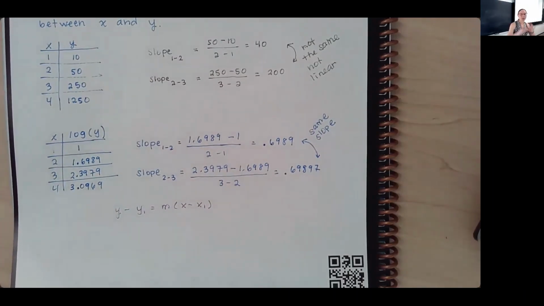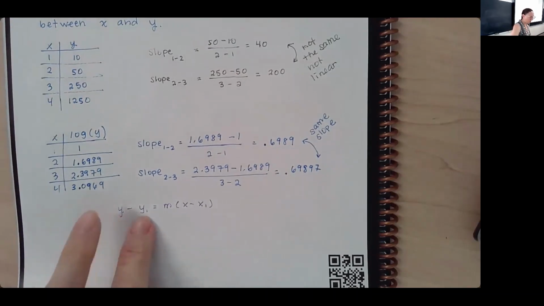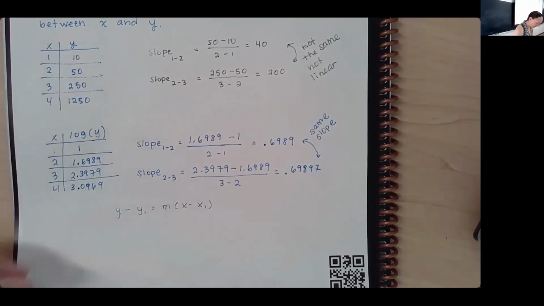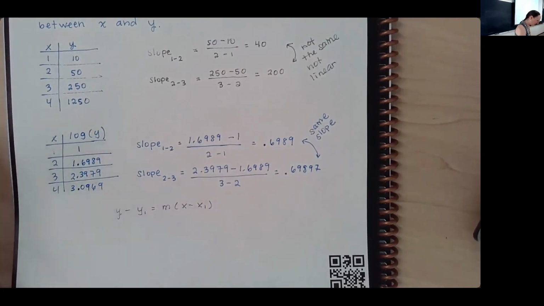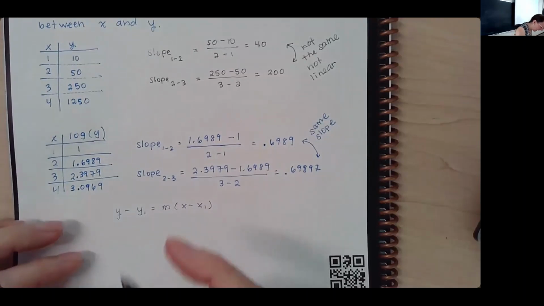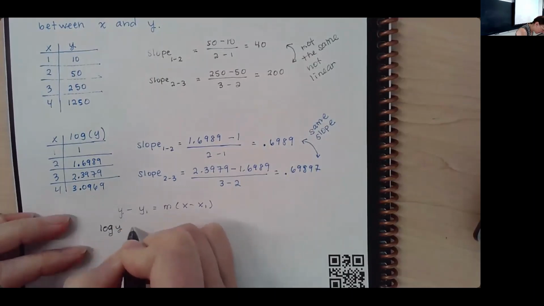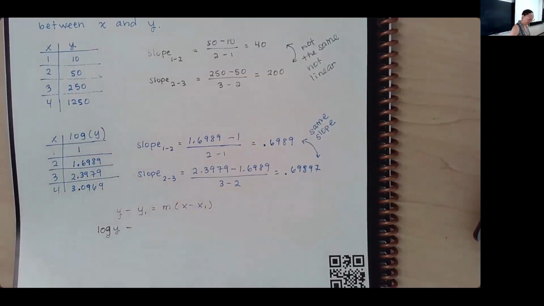But because this showed a linear relationship when I took the log of the y values, I'm going to replace for the y and the y1, I'm going to replace those with log of the thing, right? So my y, I'm actually going to write as log of y. And then I'm going to start plugging things in.